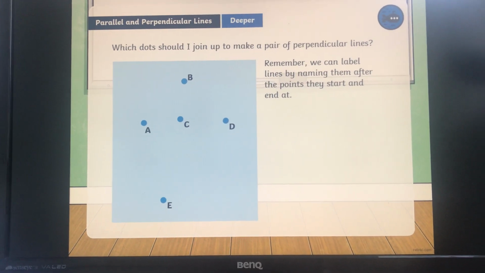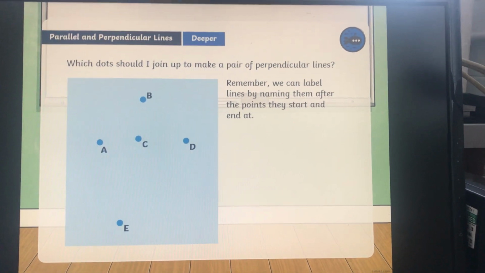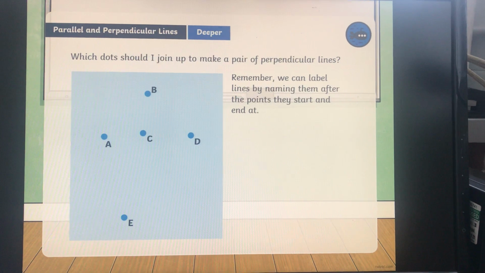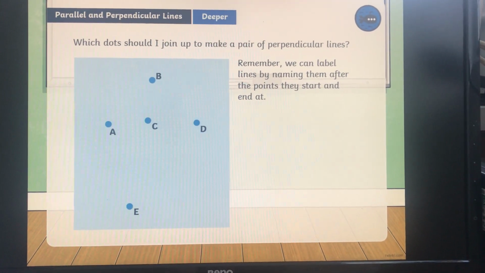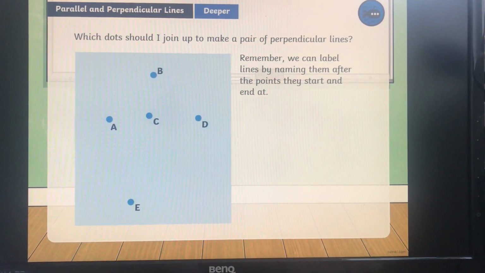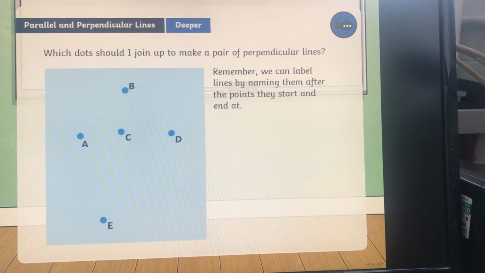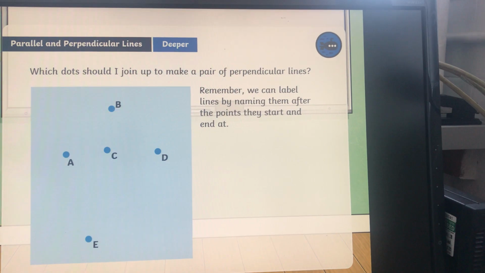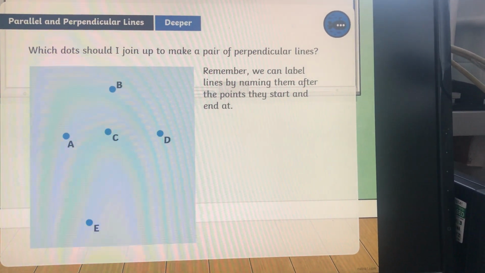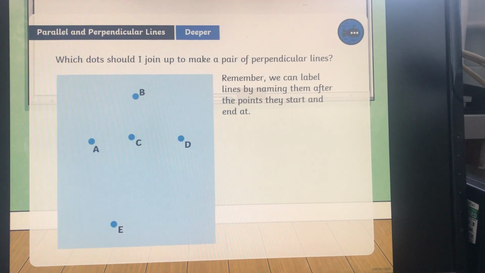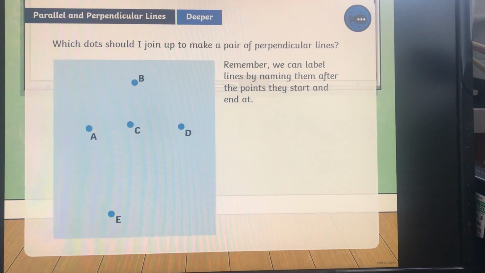Okay. This is another interesting activity that really shows you how well you are understanding what these parallel and perpendicular lines actually look like. We're focusing on perpendicular lines for this activity, and it's asking you which dots you should join up to make a pair of perpendicular lines.